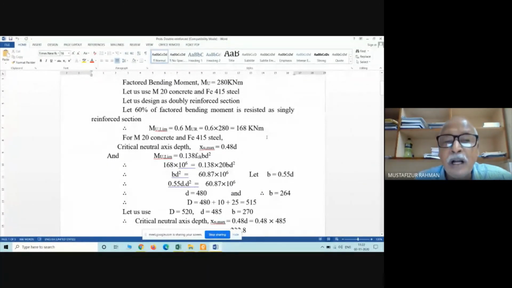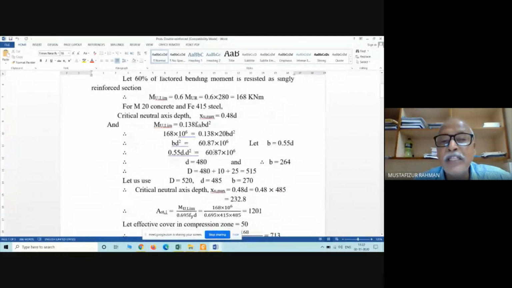That means our XU maximum we got in terms of unknown D. And for this, we had one expression: Mu limit is equal to 0.138 FCK B D square. This expression we have. Out of this, Mu limit is known to us, FCK is known to us, but B and D are unknown.